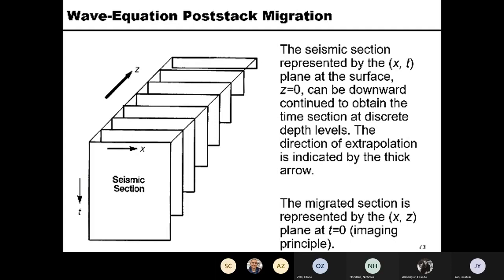However, John Claerbout told us, you assume the reflector is a series of exploding points. That means t equals 0. So for each of these, you just take t equals 0. Take this, take this, take this. So now you have X and Z. You can see that's the image.